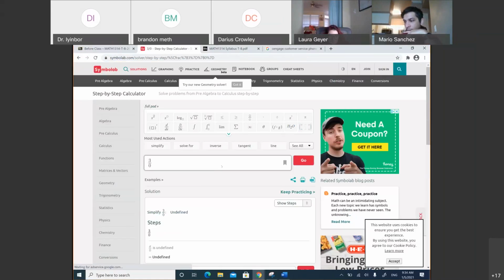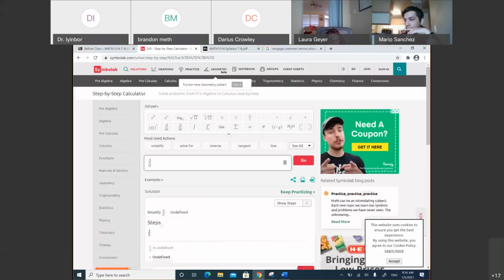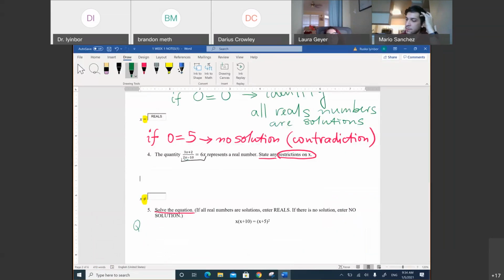Undefined. Why is it undefined? Because the operation of division by 0 is undefined. You can't divide by 0. Everybody understand that? There is nothing you can do. You don't divide by 0. Okay? It's illegal. You can't do that. Make sense?